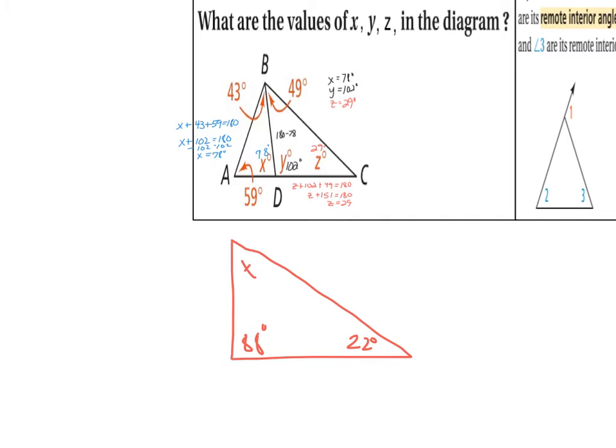Again, you know that the three angles add up to be 180, so x plus 22 plus 88 equals 180 degrees. x plus 110 equals 180, and if you subtract 110, x is going to be 70 degrees.